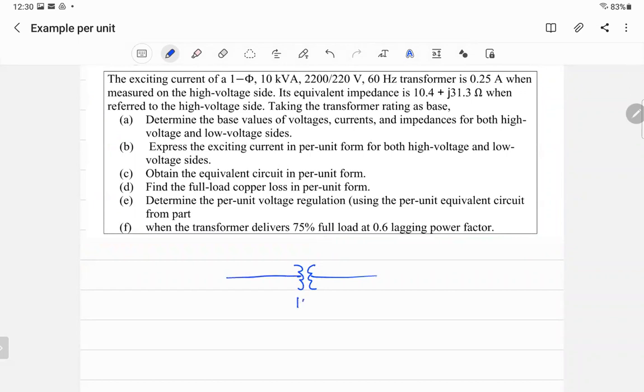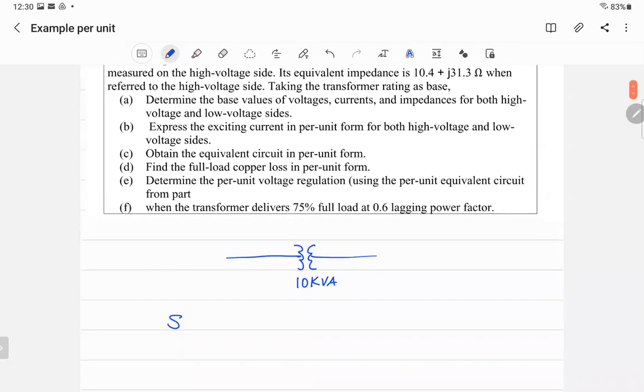It's 10 kVA. If the value of the bases was not mentioned in the problem, you are free to choose. You prefer to choose the rated value. So I'll say the base for the power is the rated value, 10 kVA.